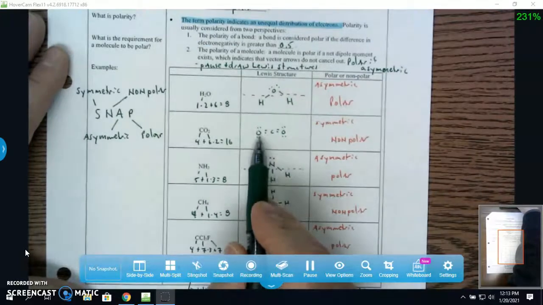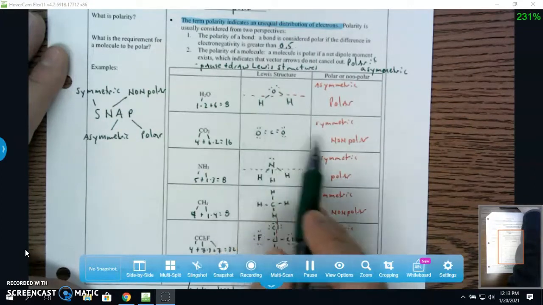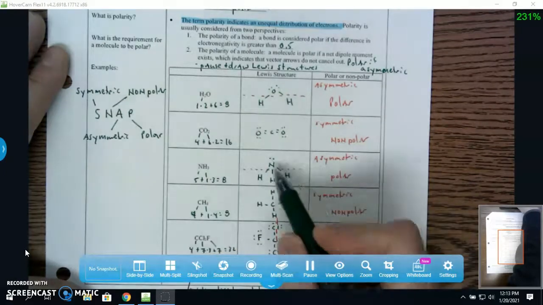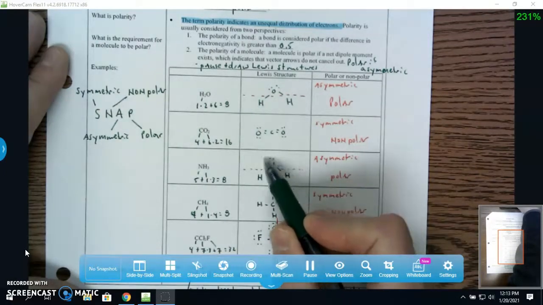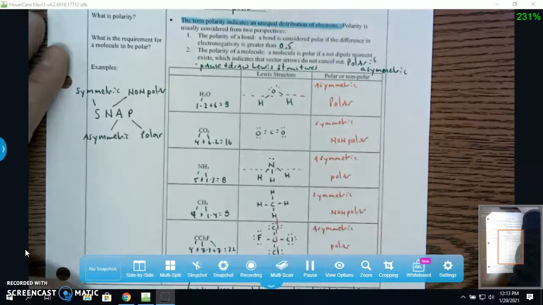Here, it's equally electron-dense all the way around when we consider the left side versus the right side. So since there is equal electron density, that's why this is nonpolar. Again, in this one, ammonia, NH3 right here, I can see that this is an electron-dense region right up here, and it's much more electron-dense here than it is down here at the bottom.